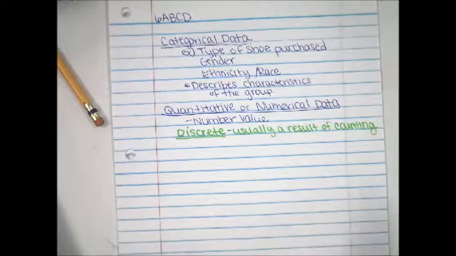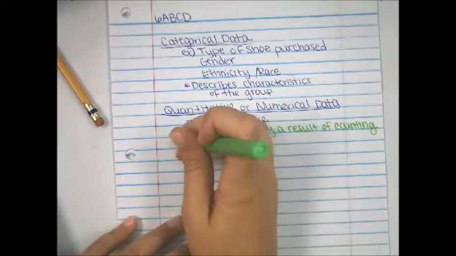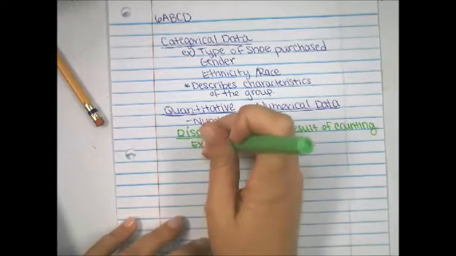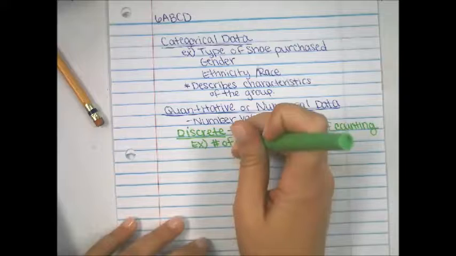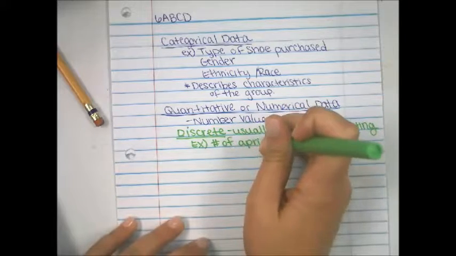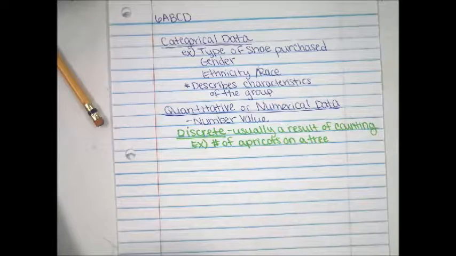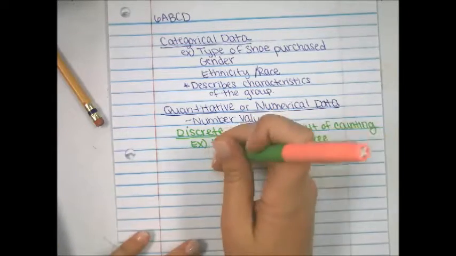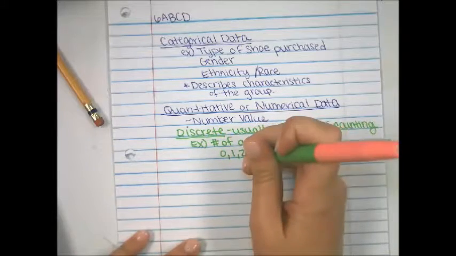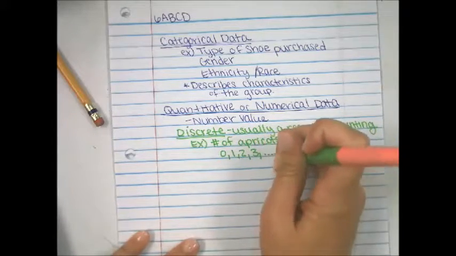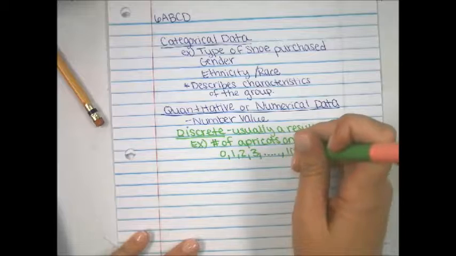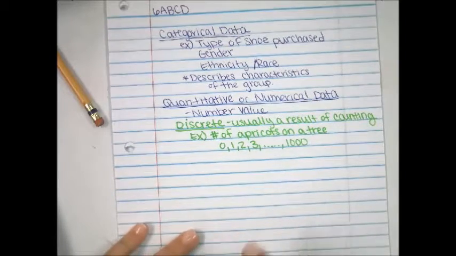The tree example I gave you would be an example of discrete data. An apricot tree is not going to produce a negative number of apricots. It could produce 1, 2, 3. I don't know anything about apricot trees. Maybe one of them produces 1,000 apricots in a year.